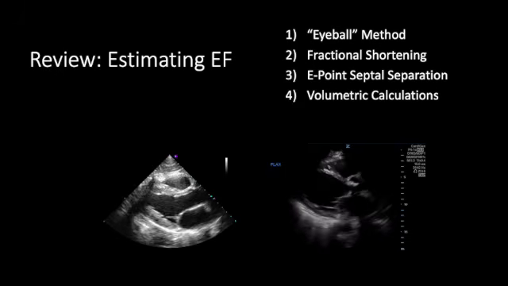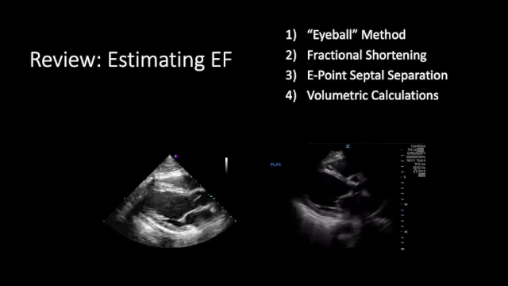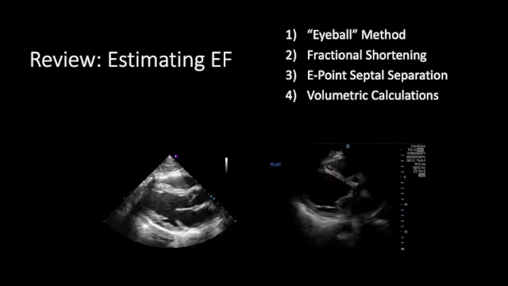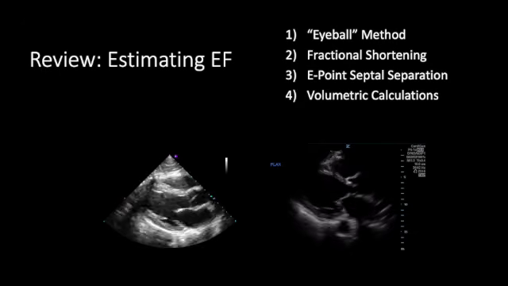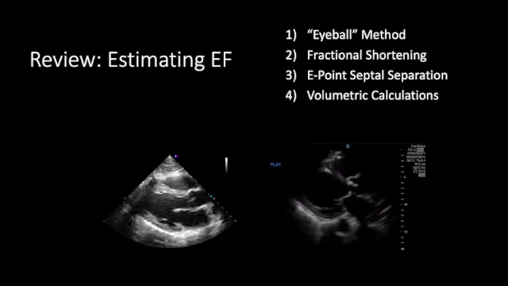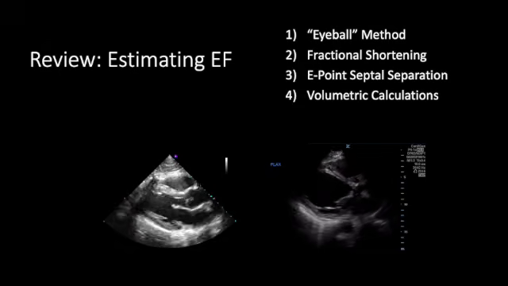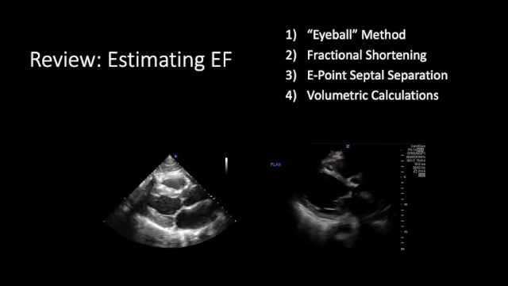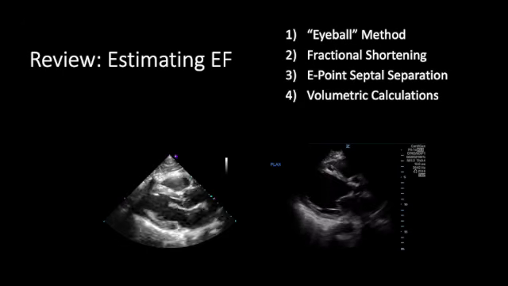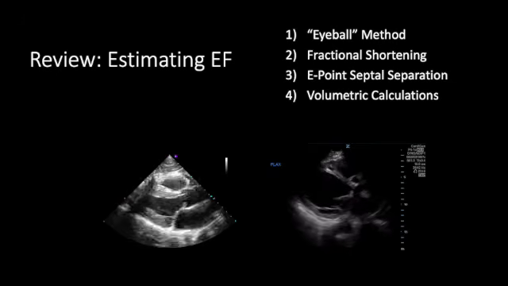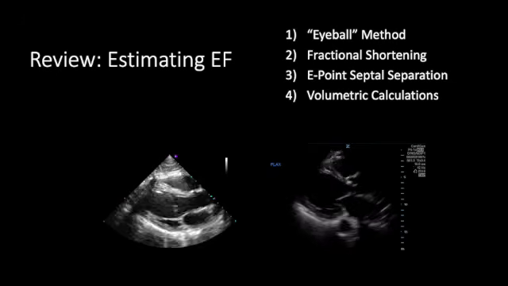So in review, we talked about 4 methods of estimating the ejection fraction. The first, the eyeball method, is probably the one that's most commonly used, but it relies on gestalt and on subjective findings to determine whether or not the heart is contracting well. And I think that as learners, there's better and more objective ways for us to do that. The second is called fractional shortening, where we measure the change of diameter of the left ventricle during systole and diastole to see if the contraction is greater than 25%, and effective at reducing that diameter.